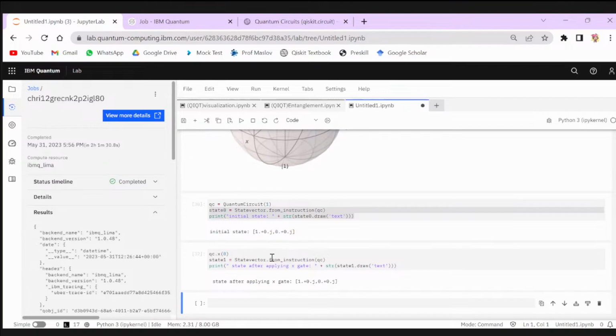So with this visualization you can get the state after any operations. So yeah, let's move on.